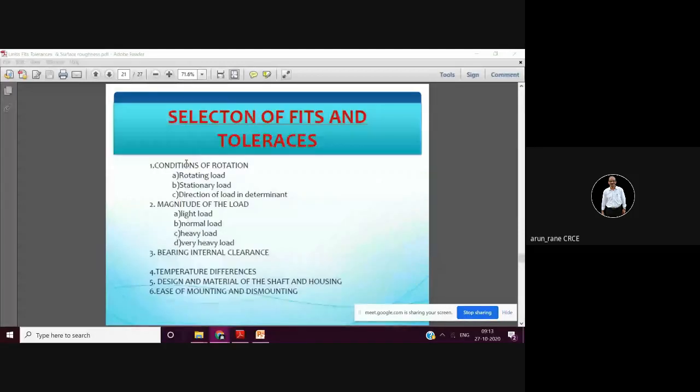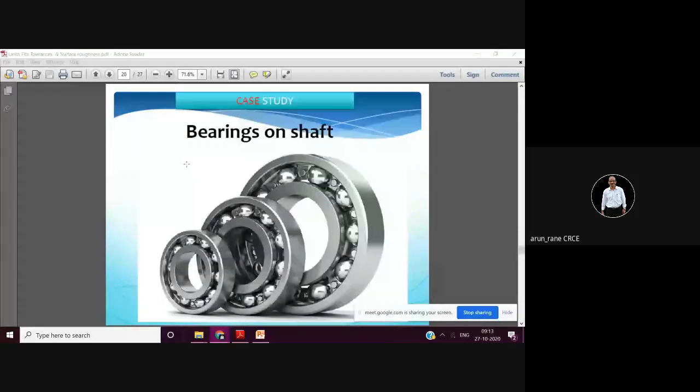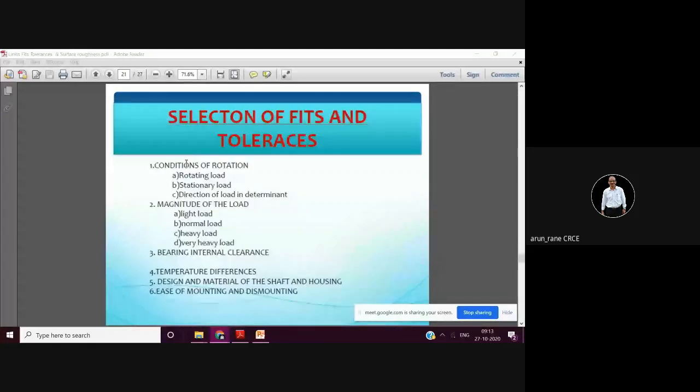So what is the purpose of a bearing? Just look at this.